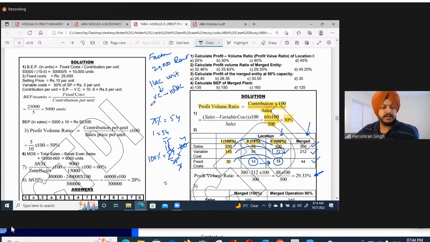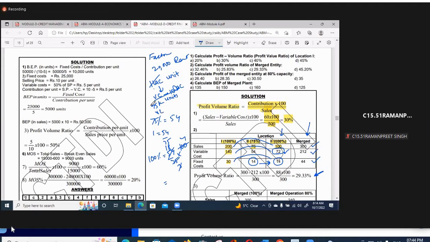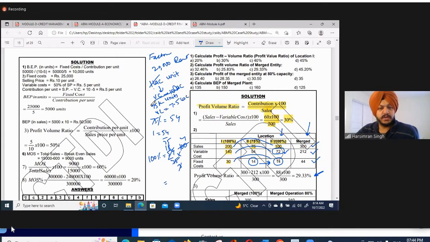But you decide that you will produce only 75,000 units. When you produce only 75,000 units, your variable cost will also reduce. Yes or no? Yes. Your variable cost will become 7.5 lakhs. Okay, you can reduce your production, you can reduce your variable cost.